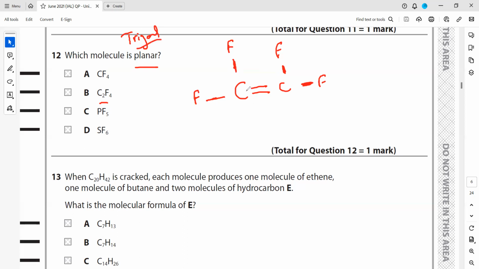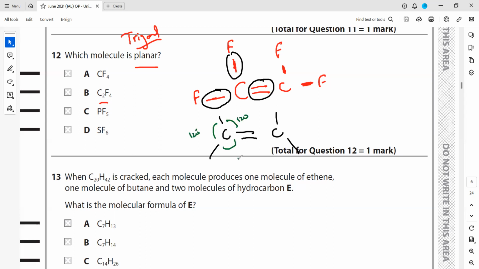When we check the central atom, even though 4 bond pairs are there, when we predict the geometry, because this double bond is considered as one single bond, there are 3 bond pairs and no lone pair. In terms of geometry, double bond and triple bond are considered as a single bond. So what will the geometry be? The bond angle will be 120. So this will be planar, or you can also say trigonal planar. It's the same thing.